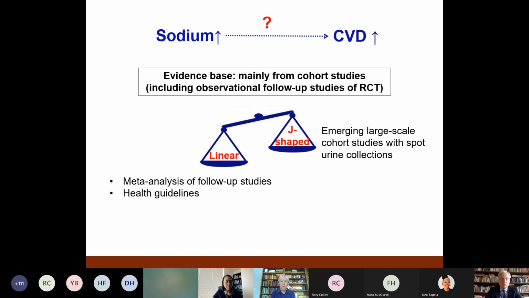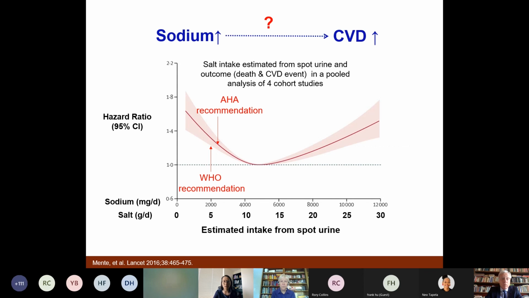Well, the body of evidence supports a linear relationship, emerging data from large-scale cohort studies, especially those where sodium was measured by spot urine, have reported a J-shaped or U-shaped association. To put our results into context later on, I'm showing here a U-shaped association of sodium intake with the risk of cardiovascular disease and death combined from a pooling project where sodium intake was assessed by spot urine.